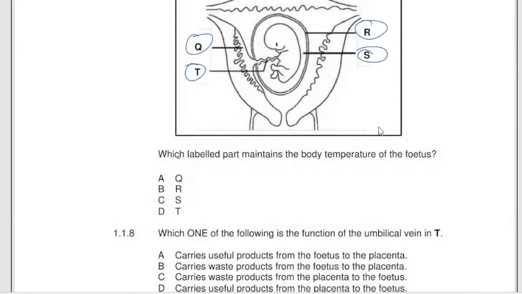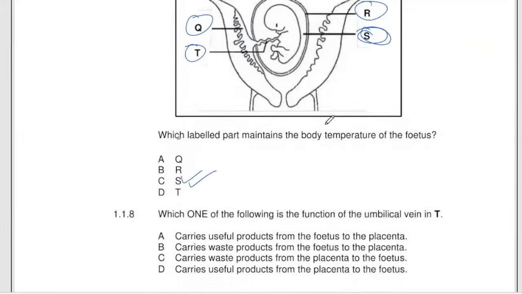The temperature of the fetus is controlled by the amnion. So the answer becomes C, which is amnion. If you don't know the part, you won't be able to get the answer correct.